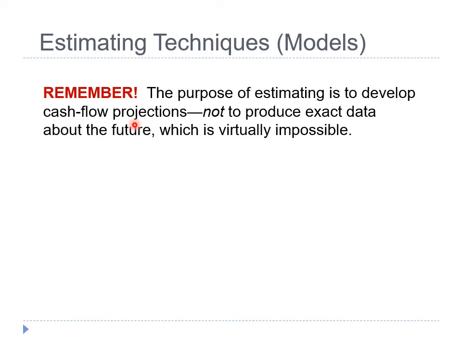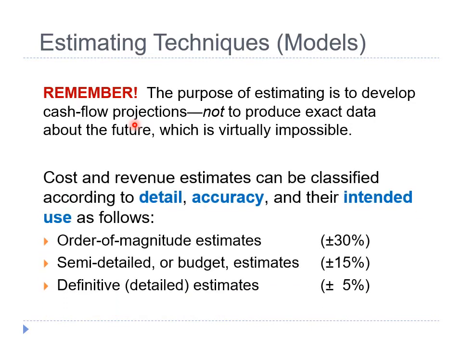Neither a preliminary estimate nor a final estimate is expected to be exact. Rather, it should adequately suit the need at a reasonable cost and is often presented as a range of numbers. Cost and revenue estimates can be classified according to the detail, accuracy, and the intended use as follows.